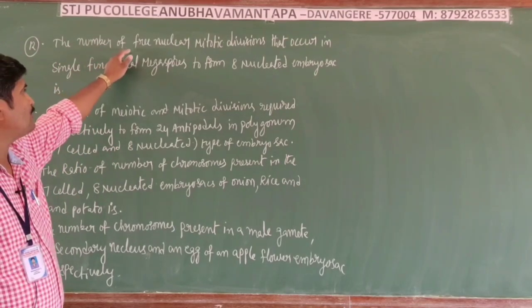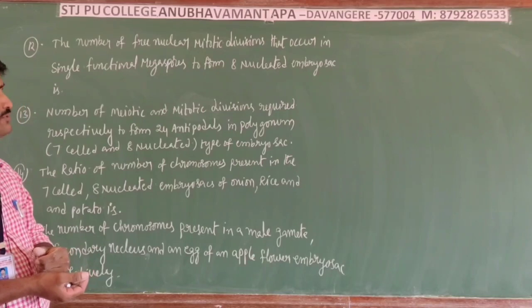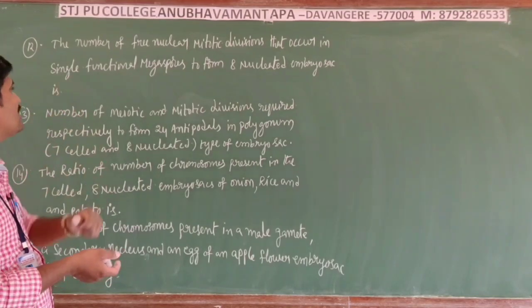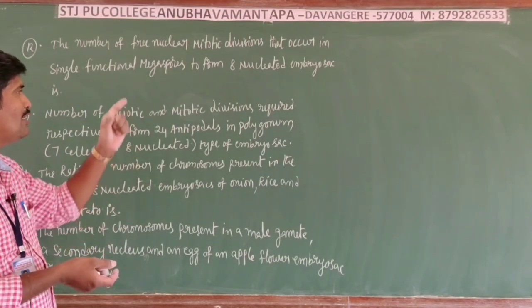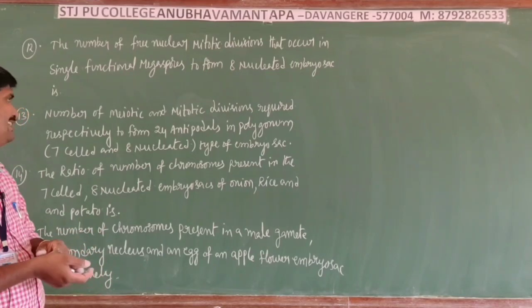The number of free nuclear mitotic divisions that occur in the single functional megaspore to form the 8 nucleated embryo sac is.